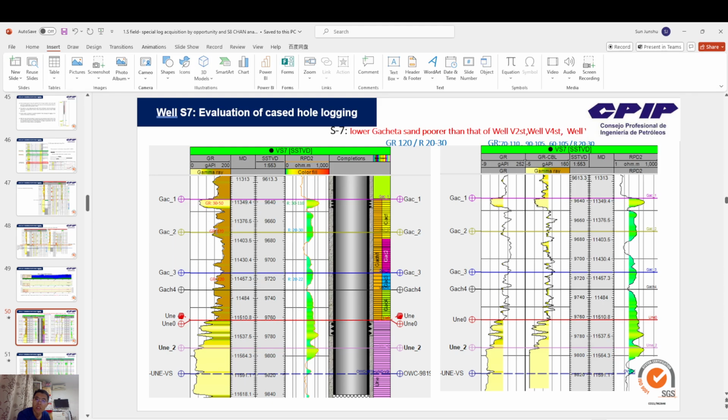So gamma ray is high. Resistivity is not high.